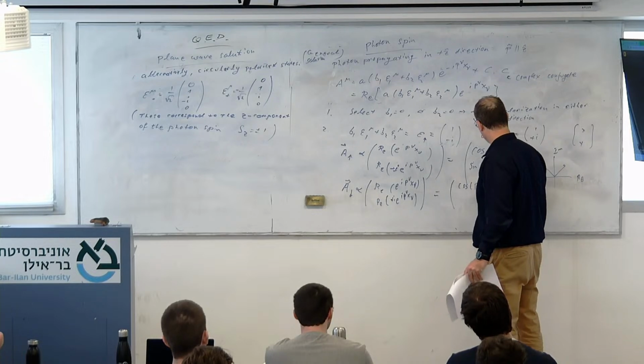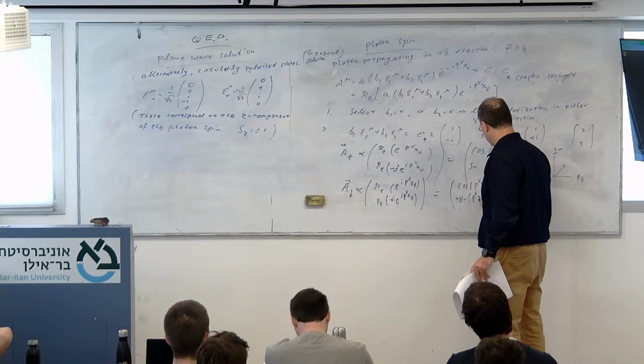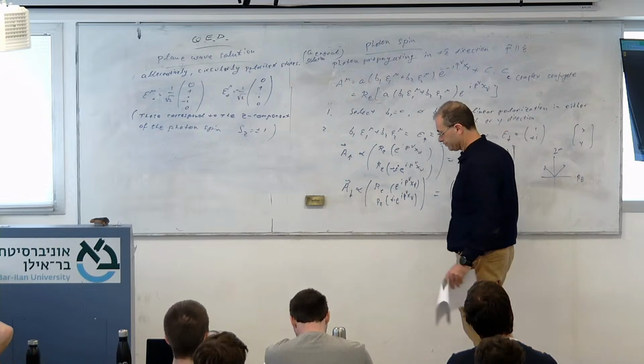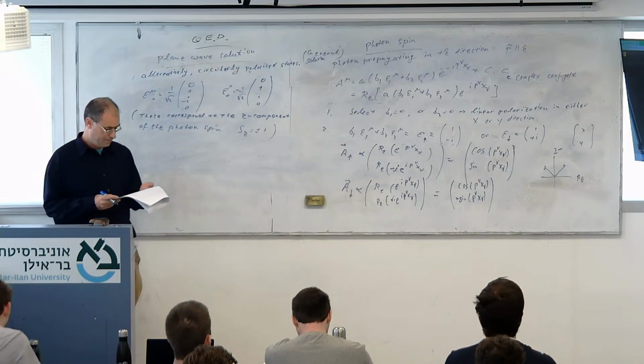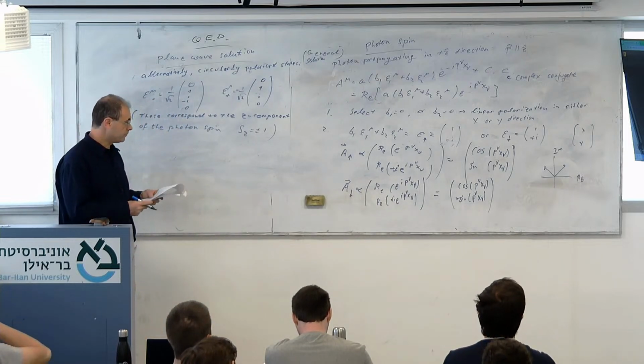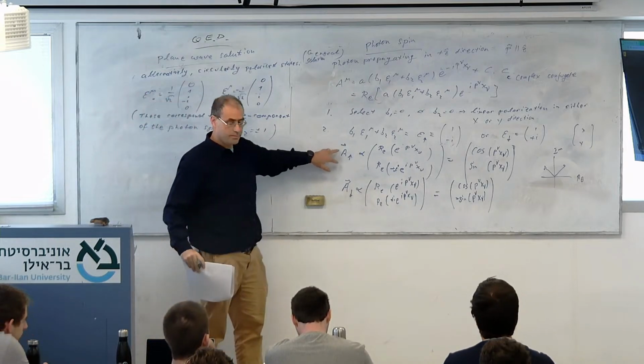Cosine p nu x nu and minus sine p nu x nu. So these will be the two vectors representing the photons.